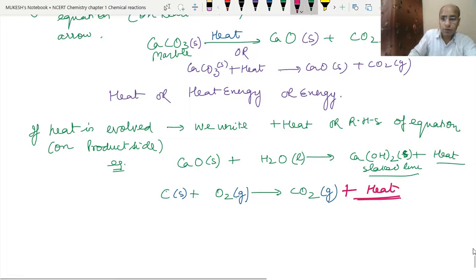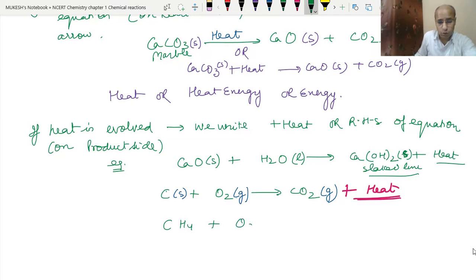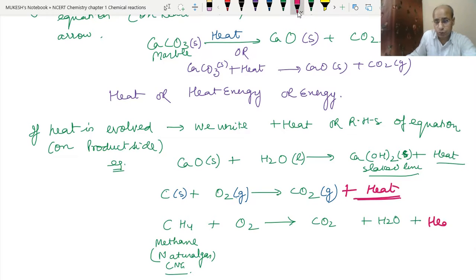Now one more reaction, CH4 plus O2. CH4 is basically methane, which comes from natural gas, and it is in CNG. When it is burned in the presence of oxygen, then we get carbon dioxide and water, and a lot of heat is also evolved.